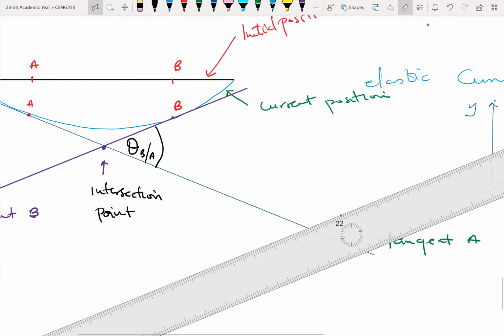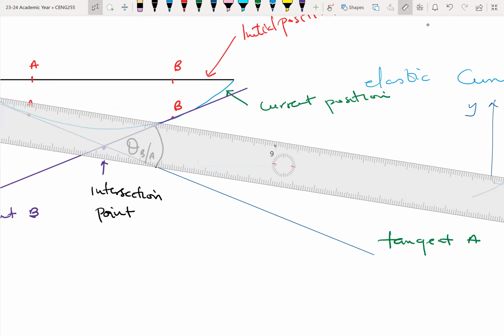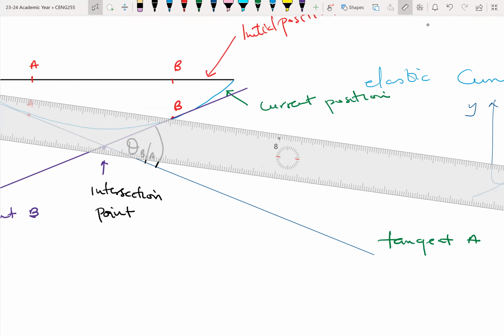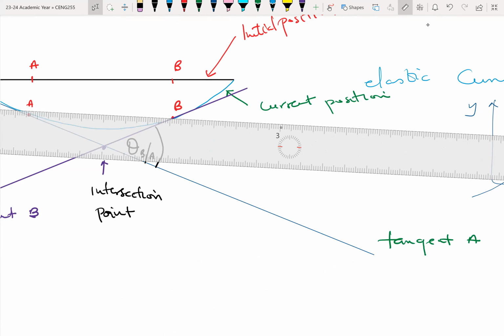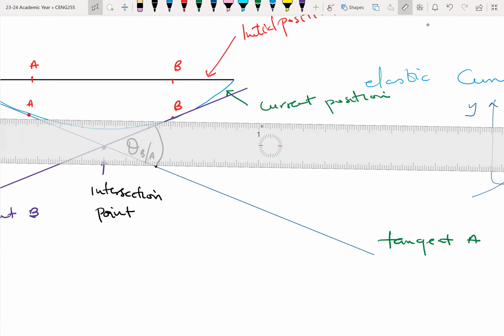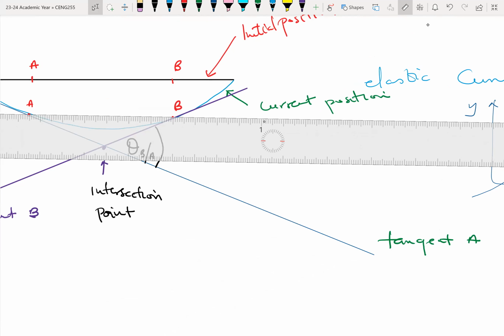Now, when we come to point B, if I want to find the angle the tangent at B makes with the horizontal, I can just draw a horizontal line at this point.